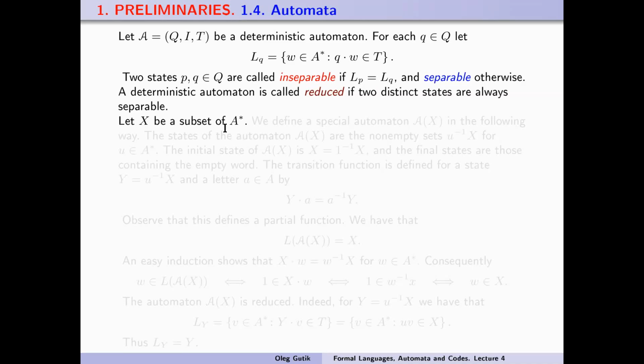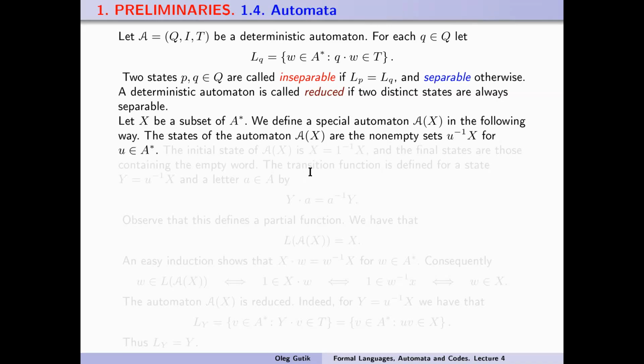Let X be a subset of our alphabet A capital star. We define a special automaton A of X in the following way. The states of automaton A of X are the non-empty sets of the form U to the power minus 1 X for any word U from A star.